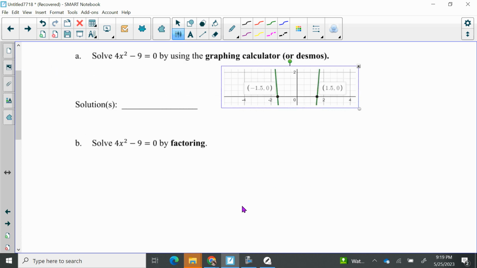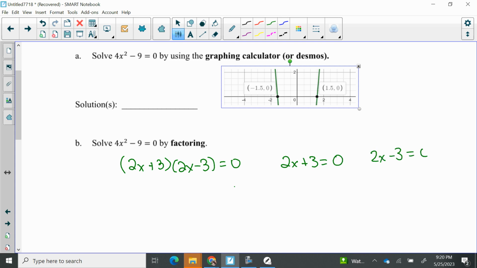So let me show you by factoring. This is a difference of two squares. So remember, this is going to be 2x plus 3 times 2x minus 3 equals 0. So I have 2x plus 3 equals 0, and 2x minus 3 equals 0. 2x equals negative 3.